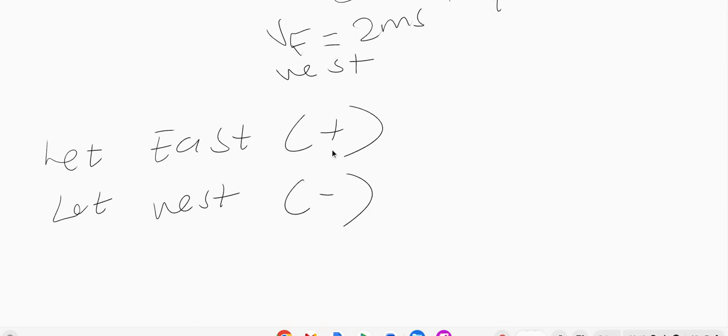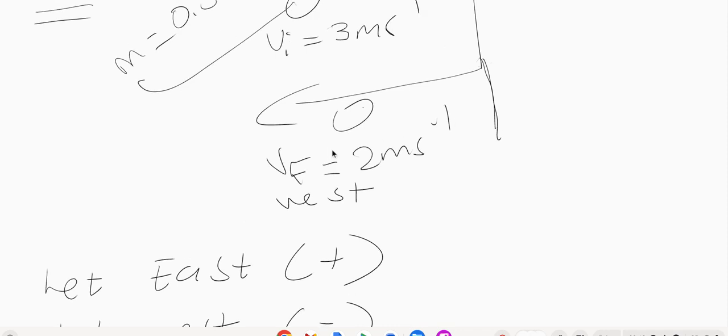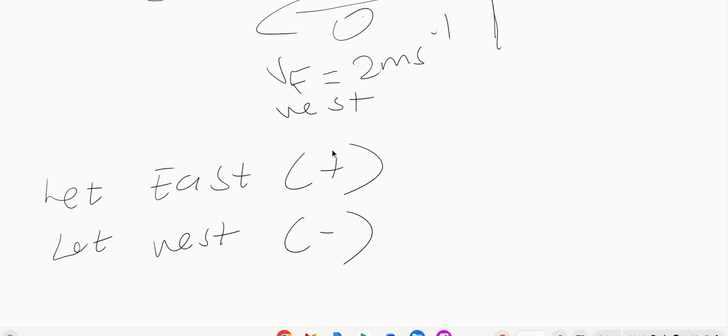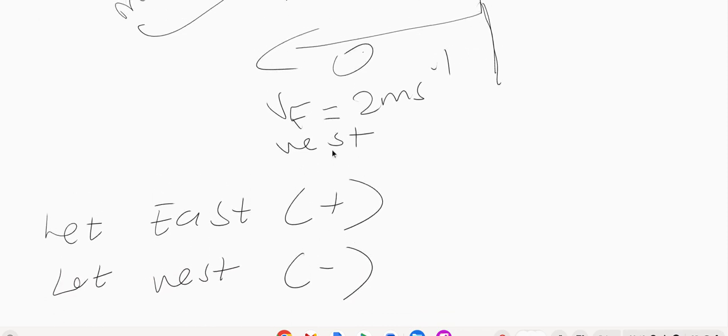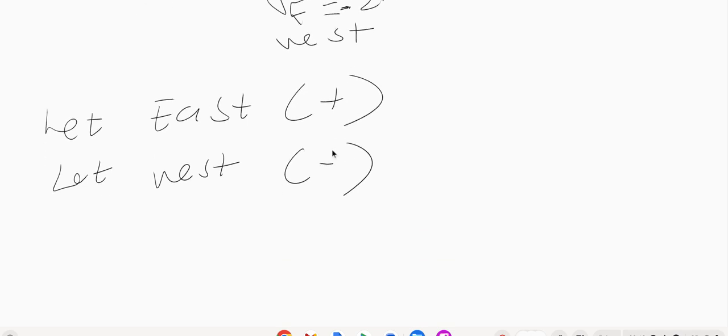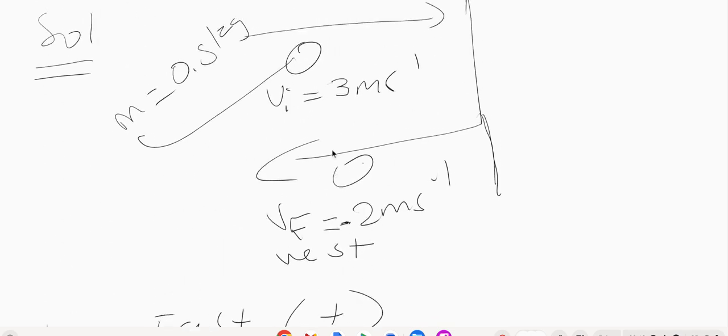That means we have to give these signs to the velocities. So west is negative, and we give this v final a minus sign. This will apply in our calculation.